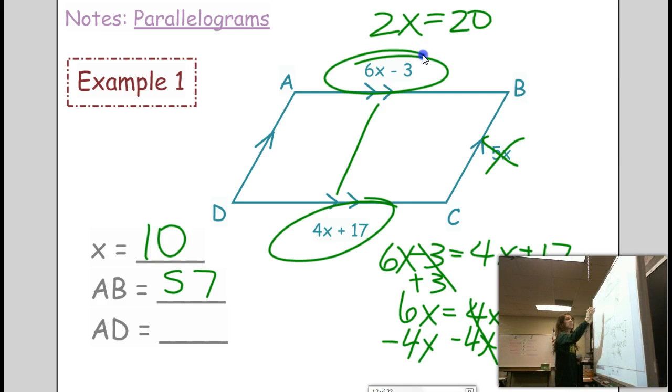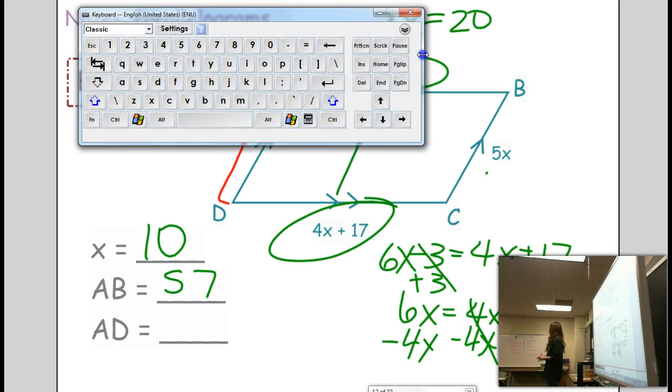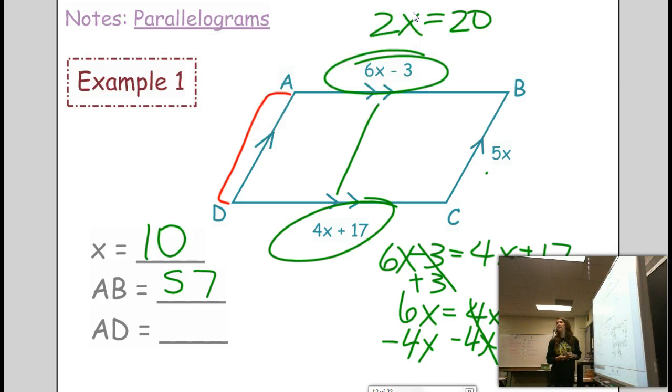It's not labeled. Guys, all opposite sides are congruent. Opposite sides are congruent. No, this is 57, this is 57.